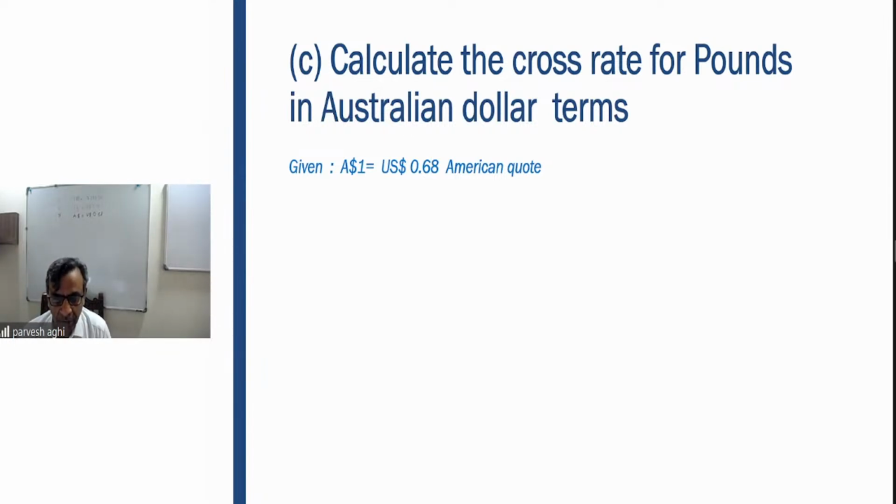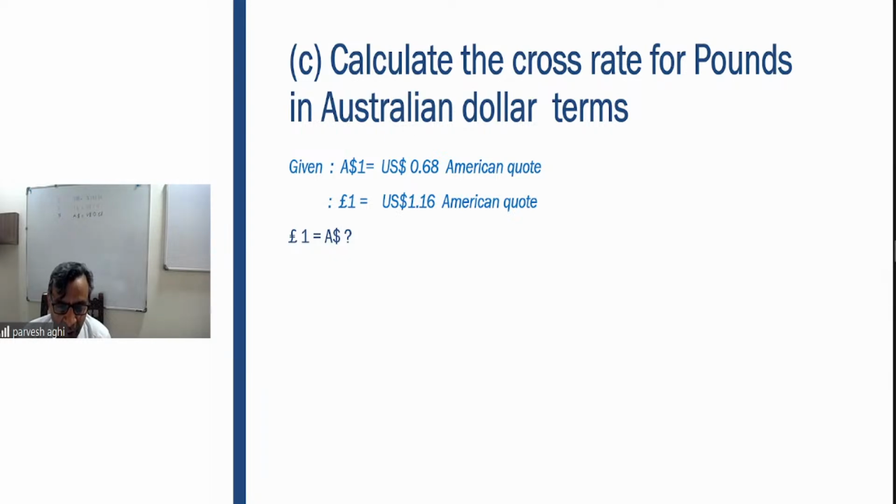But this is not the right quote, so you have to convert that. The second quote is that you go to England and buy £1 by surrendering the dollars you bought in Australia. So both are American, so first you need to convert. Now, if you look at what you have to find, £1 is equal to how many Australian dollars, which means you are an Australian traveling to England and want to buy pounds.